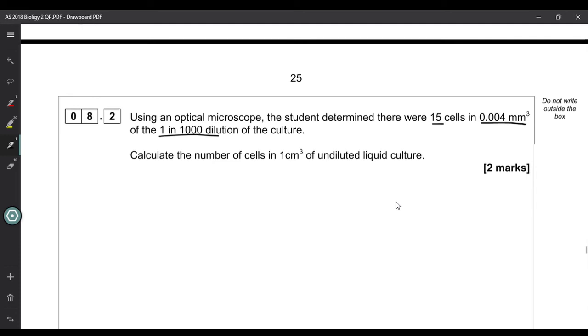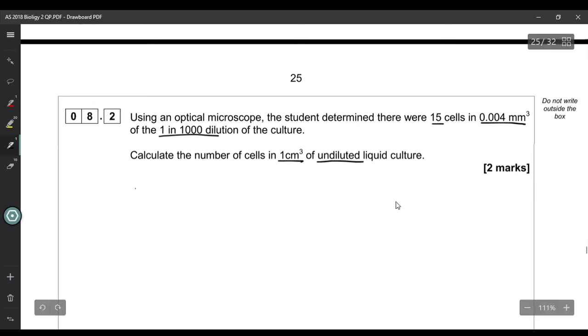Calculate the number of cells in 1 cubic centimetre of the undiluted liquid culture. So the first thing to do is work out how many cells there would be in a cubic centimetre of this solution that we're using. So we've got to work out how many 0.004s there are in a cubic centimetre.